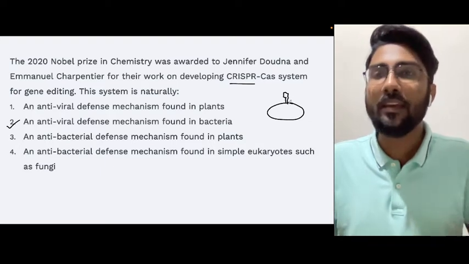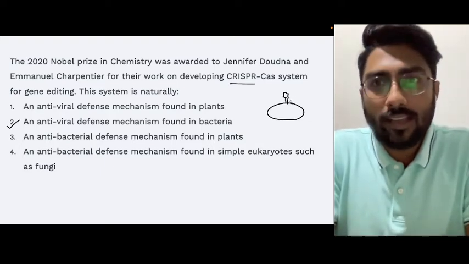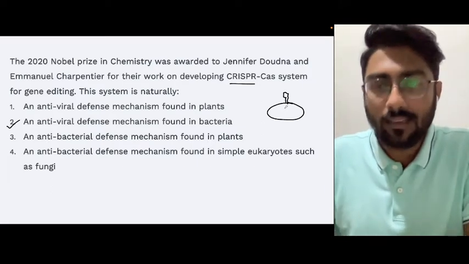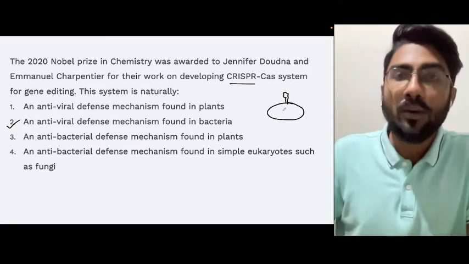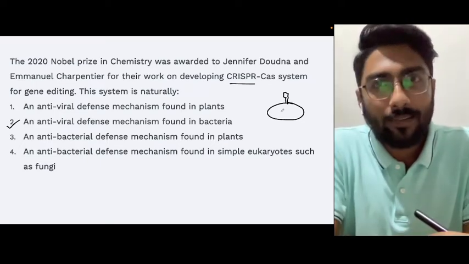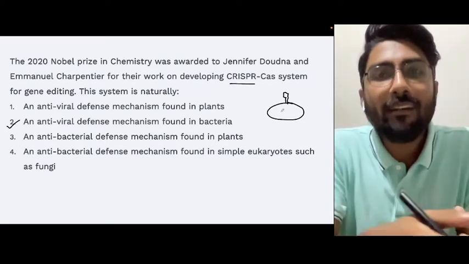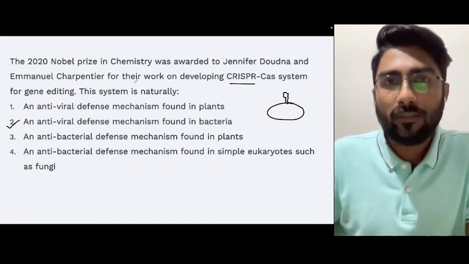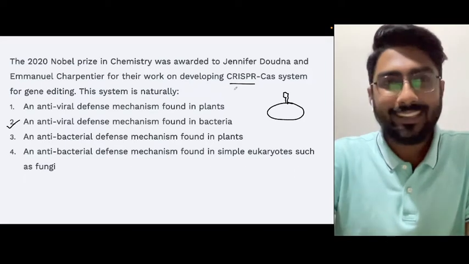So phage DNA sometimes in the lysogenic cycle integrated into the host DNA, in the bacterial DNA. So that phage DNA will act as a guide RNA and it will give the antiviral immunity to the bacteria. So that is the discovery of this CRISPR-Cas9 system.